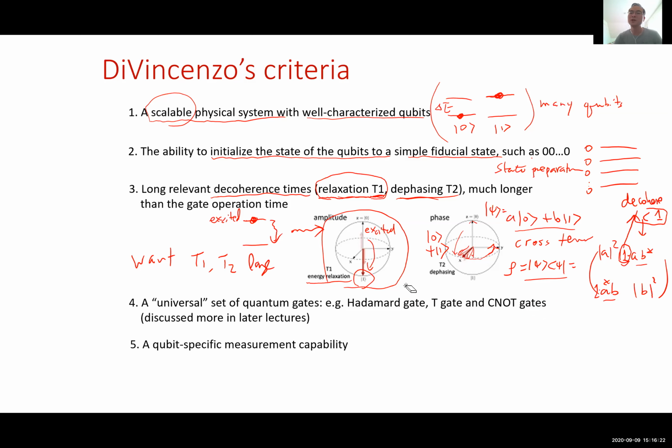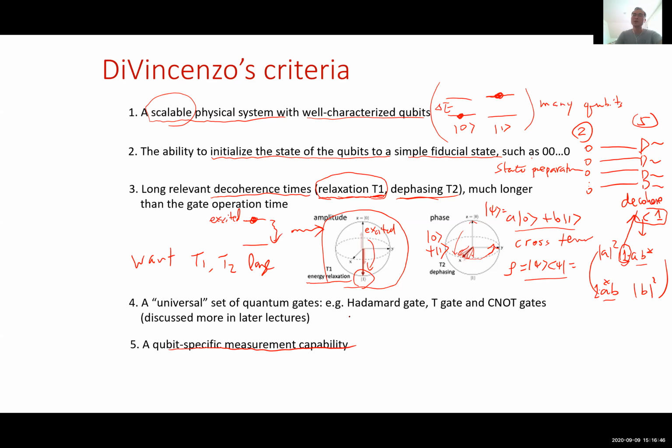Of course, at the end of quantum computation, you need to perform measurement. So measurement is the fifth criterion. The qubit-specific measurement capability needs to be there.